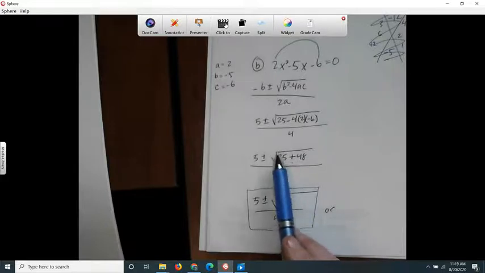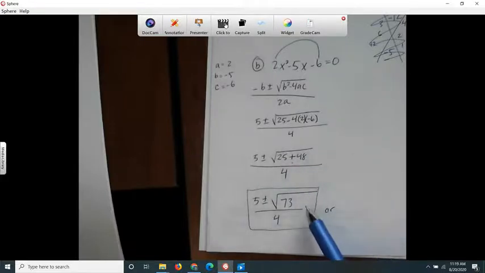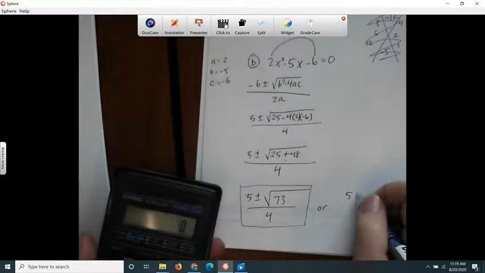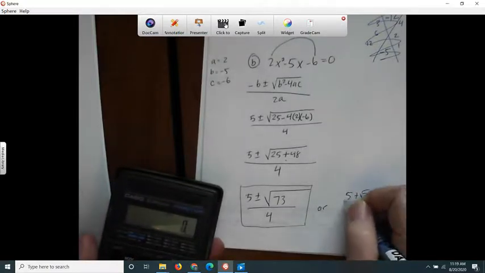so you have to add inside the radicand. And then I would just leave it like this. If you want to get some calculator numbers for that, some approximate numbers, you would go 5 plus root 73 over 4.